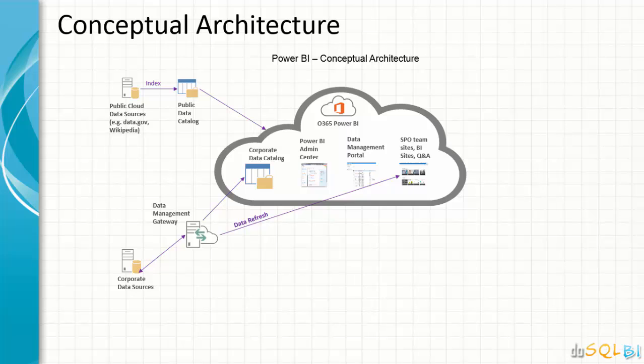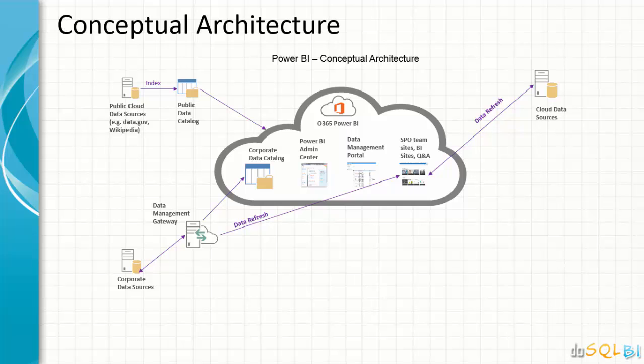Data management gateways also provide a way to refresh the data in Power Pivot data models that refer to corporate data sources. With Power BI, we could also consume cloud data sources, and we can also refresh Power Pivot workbooks from those cloud data sources.